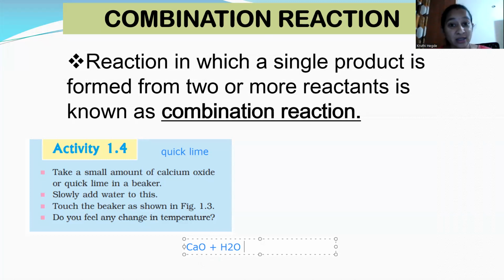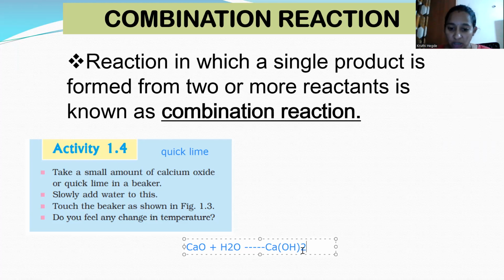Children, can you guess the formula of calcium hydroxide? Yes, calcium hydroxide formula is Ca(OH)2. So this calcium hydroxide is the only product formed when calcium oxide mixes with water.